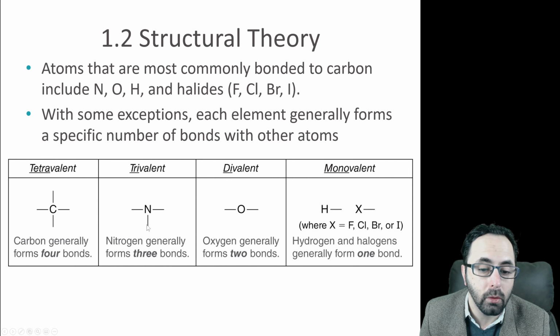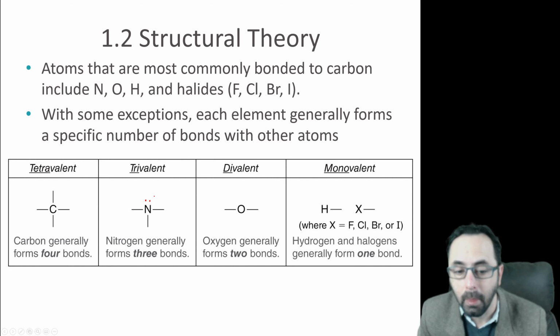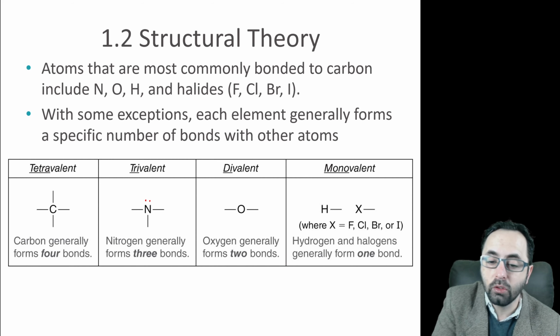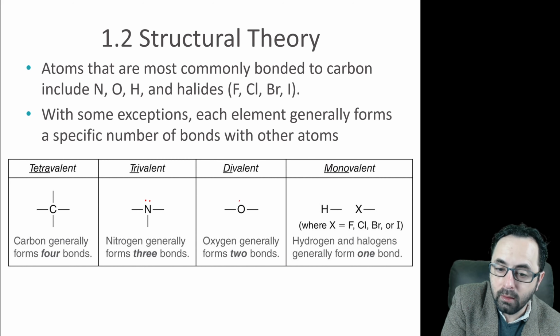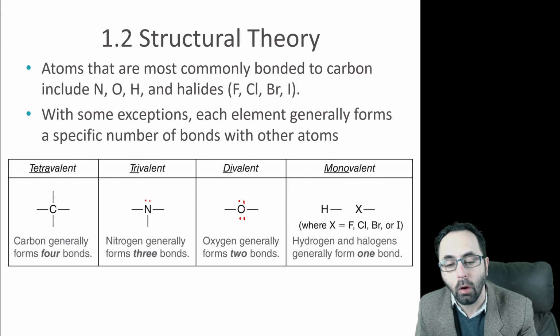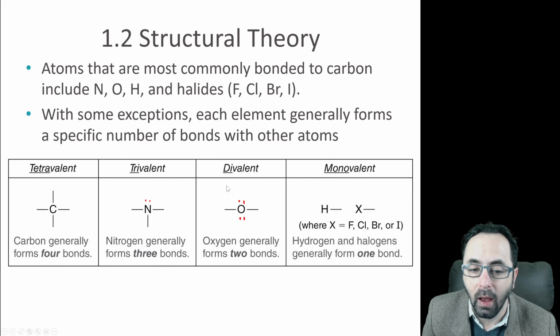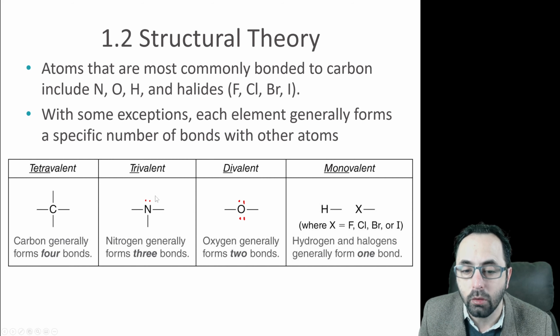Nitrogen will generally form 3 bonds, and we'll have a lone pair here, which again is often not written. Oxygen will generally be involved in 2 bonds, but also there will generally be two lone pairs on the oxygen atom. It's so-called divalent, the nitrogen being called trivalent.